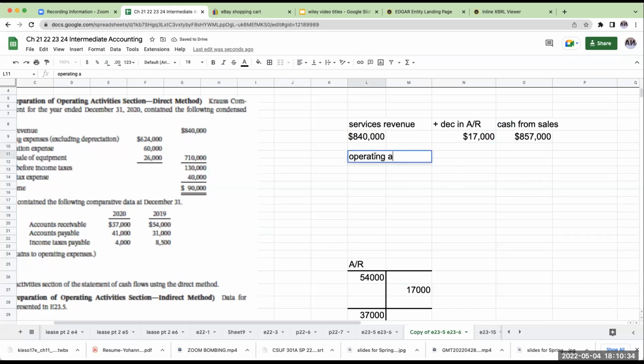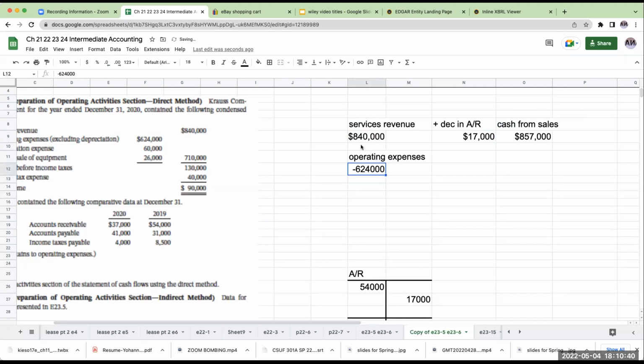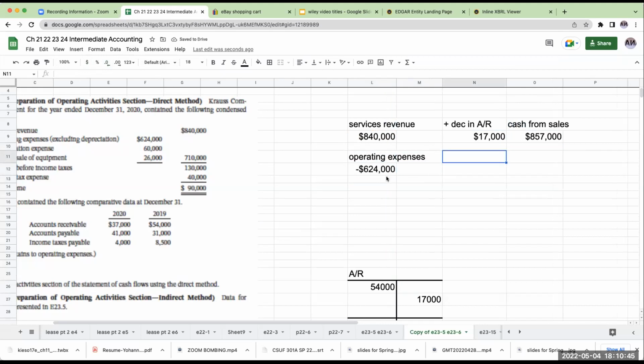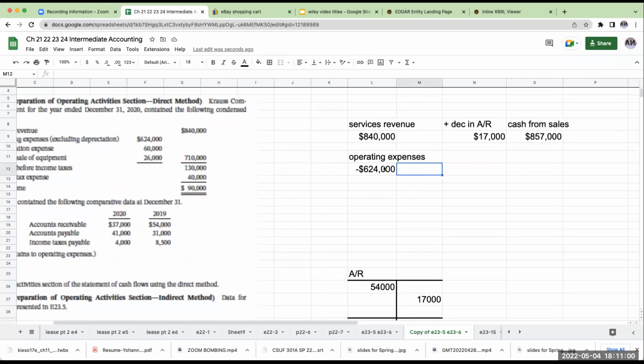Now let's look at the next one over here. My operating expenses were a negative 624,000, right? That's what I would have to go through, and it's going to show up as a negative amount. Now, when I look at accounts payable, this is kind of like we borrowed more money, right? So my cash isn't really going down, but it's actually going the opposite way. So right over here, I'm going to show this as an increase in accounts payable, and this is going to be 10,000.